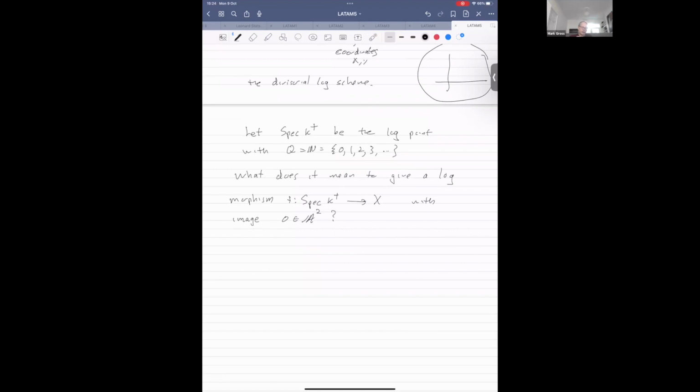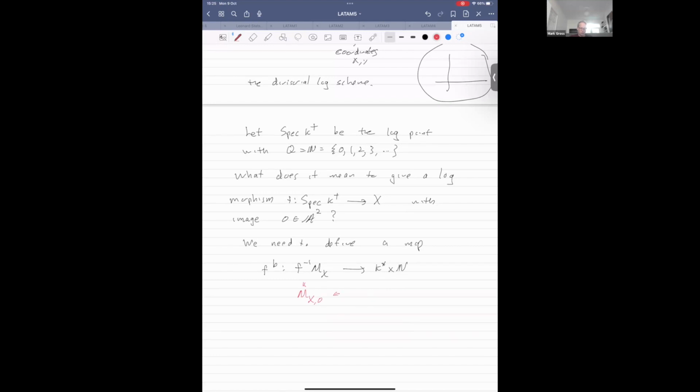And now let's think about the diagram we need to get. So we need to define a map, which we call F flat, from F inverse MX to k star cross N. Now, because F is just a map from a point, it's not hard to see this is just the stalk of MX at 0.